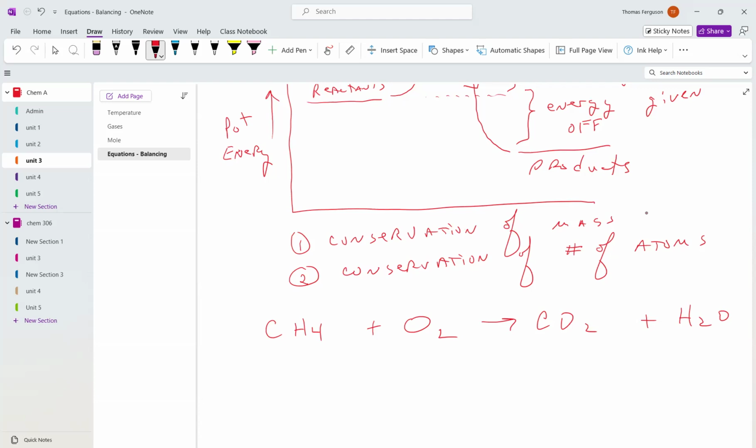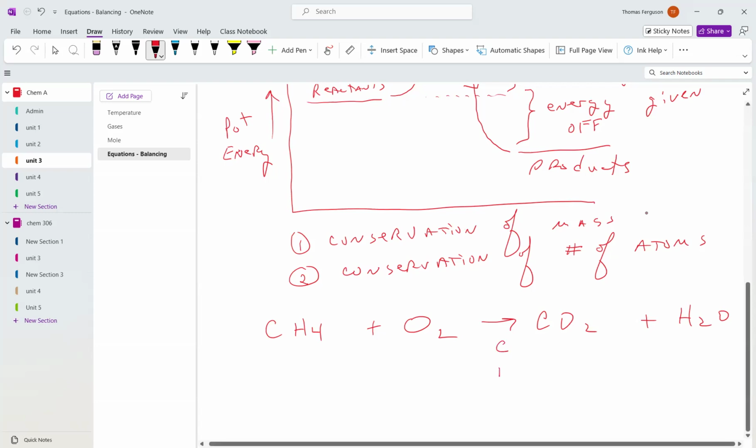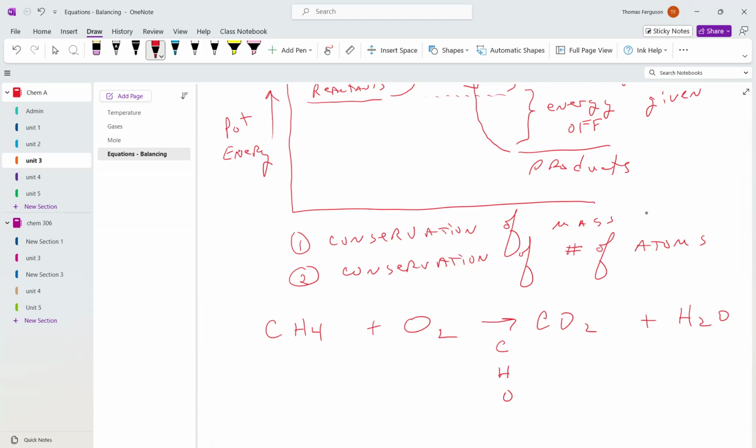So the first thing we're going to do is an inventory. We're going to inventory the reactant side. We're going to inventory the product side. The reactant side, how many carbons do we have in this reaction? 1. How many do we have on the product side? 1.